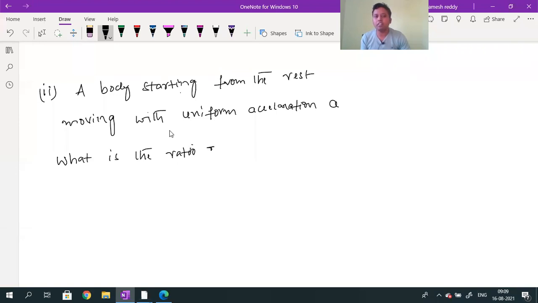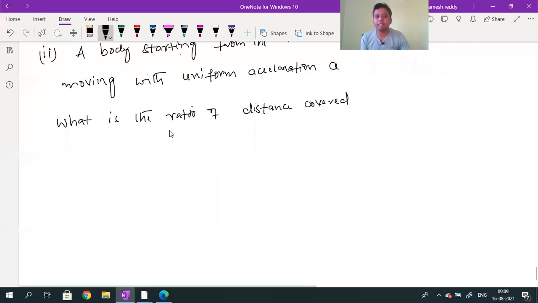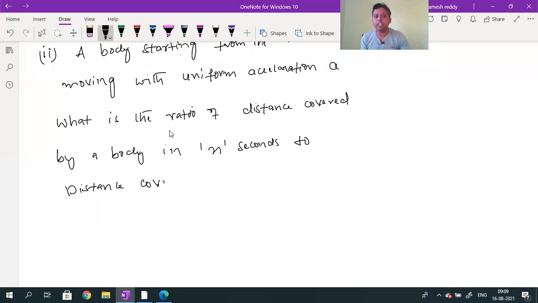Ratio of distance covered by a body in n seconds, where the total time of journey is n seconds, to distance covered in the nth second of its journey.